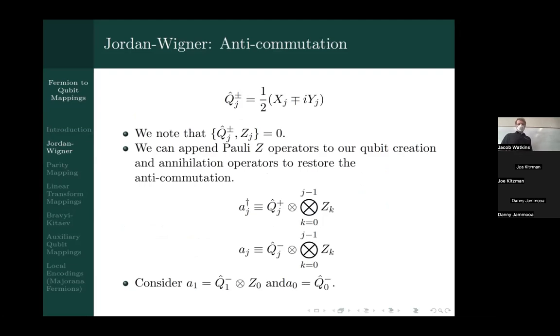That means that we can add a string of Pauli Z operators on all qubits less than j. Sorry for the lack of space, but here is an example to give the intuition of why it works, because the X and Z anti-commute. So Z0 anti-commutes with Q0, and you get similar things with other numbers.